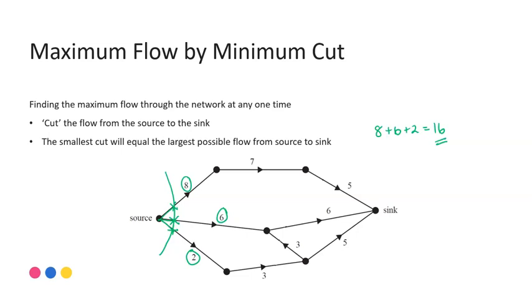What I want to do with this cut method is be able to position my cut or the roadblocks in such a way that I am finding the minimum number of people being cut off. Because what that will equal is the maximum flow of that graph.